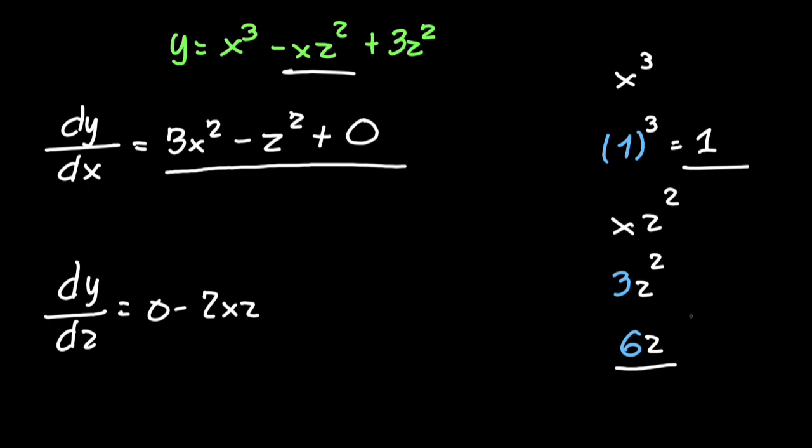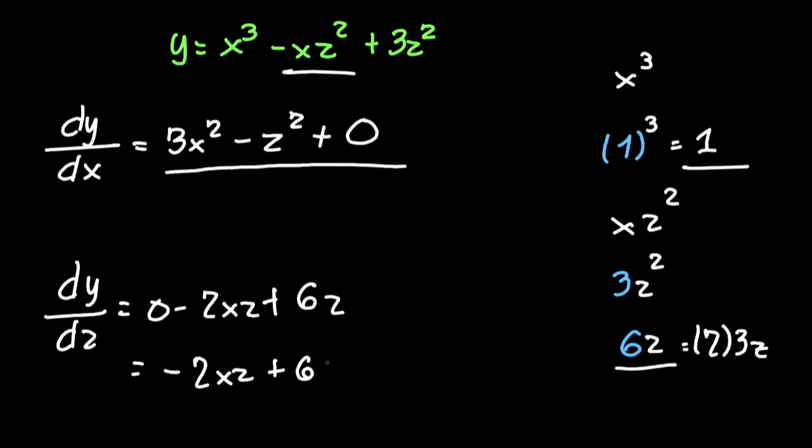Because this is basically 2 multiplied by 3z because of the 2 right there. So let's focus on here now, 3z squared. Since there is no other variable, just take the derivative of this normally, which is 6z. So the final answer here would be negative 2xz plus 6z.